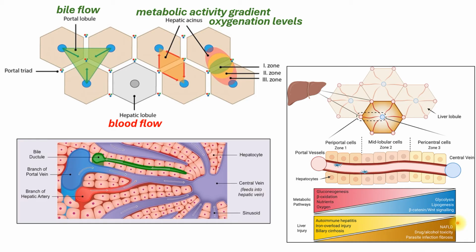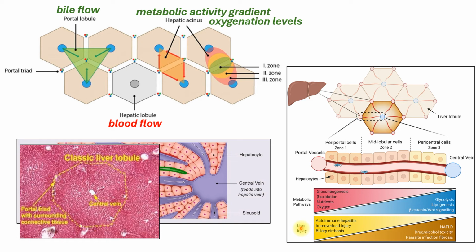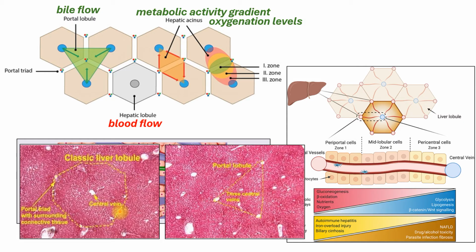So depending on the type of injury, you will see that they have a tendency to develop either near the central vein or near the portal areas. Okay? So here is your classic liver lobule with the central vein at the center and then the portal triads at the edges. And here you have a portal lobule with the central veins at the edge and the portal triad at the center.